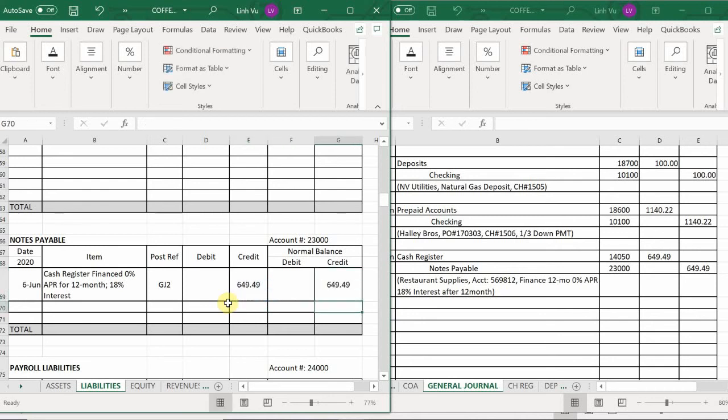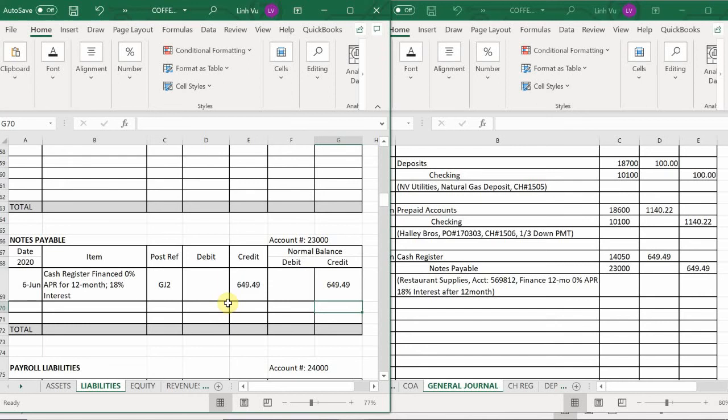Whatever you see in your journal, you're going to copy it into your ledger exactly. If I have a debit in my checking account, I'm going to debit my ledger account for that same amount. If I have a credit, I would do the same thing in my ledger. However, the account balance on my ledger account is where you're going to have to recalculate. So in this case, I owe restaurant supplies $649.49.